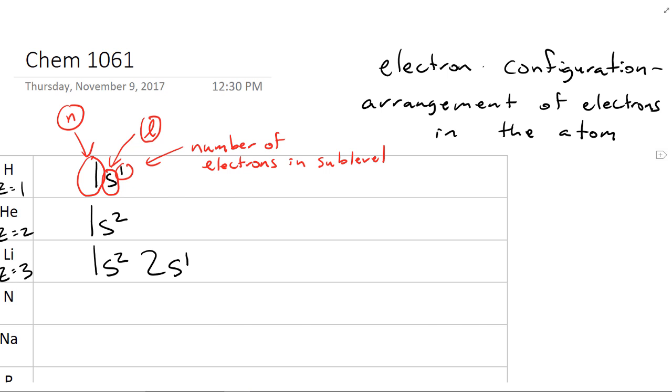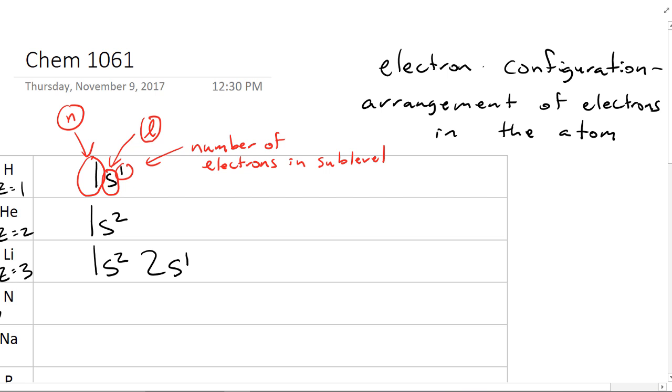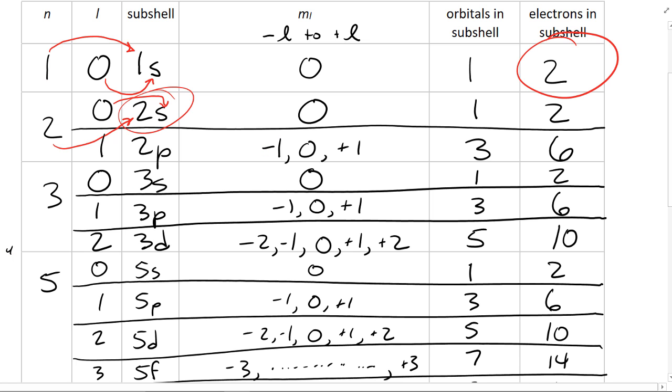Let's go on to nitrogen. Nitrogen now has an atomic number of 7. With an atomic number of 7, that means it has 7 electrons altogether. So we put in 1s2, 2s2. Again, we stop at 2 because the 2s sublevel will hold a maximum of 2 electrons.